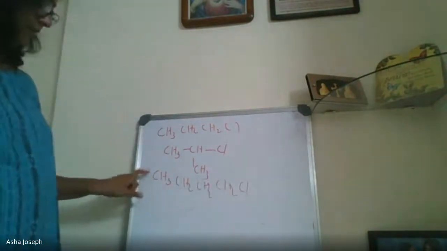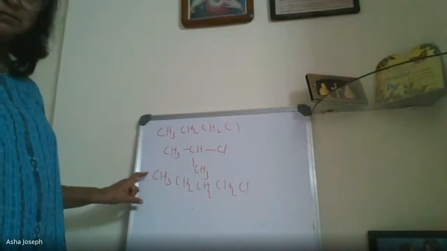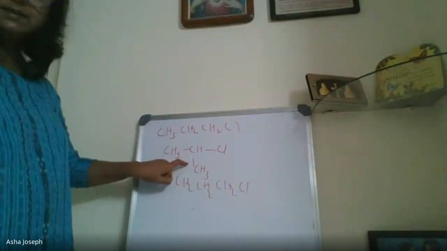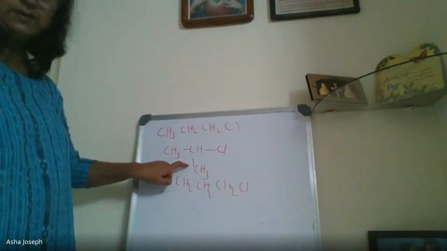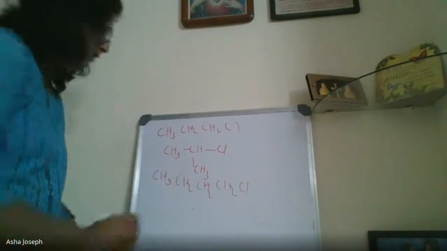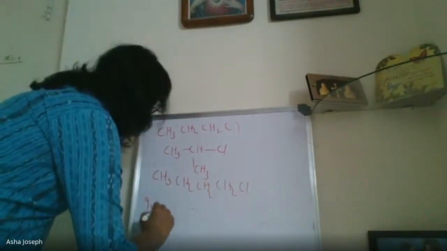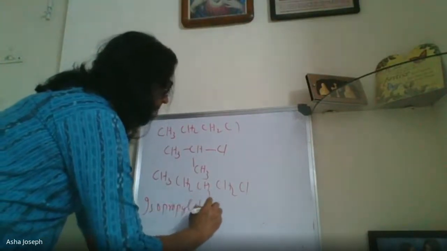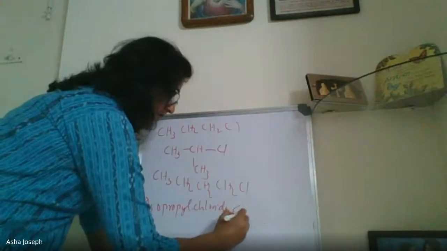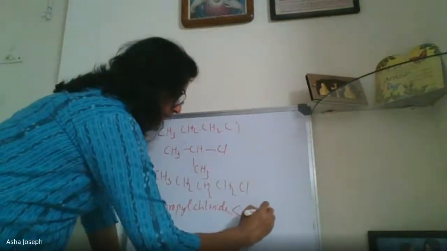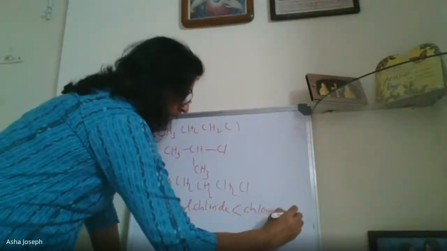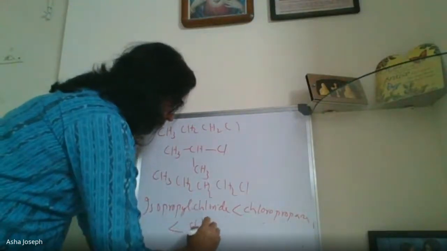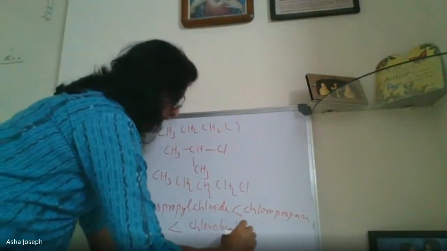Which has the highest? This, as the chain length is more. And the next will be this. And here there is branching, so this will have the lowest. So the lowest is isopropyl chloride. Then comes chloropropane. And the highest is chlorobutane. Isn't it?